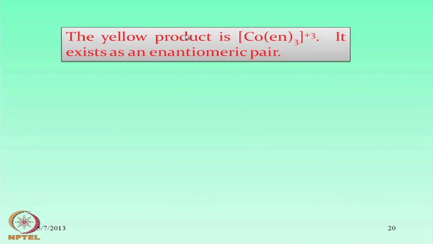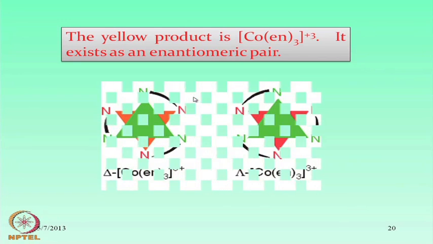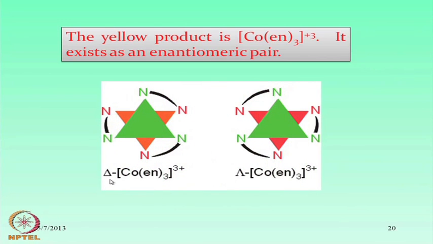So, the yellow product is definitely the corresponding [Co(en)3]3+. It exists as an enantiomeric pair, that means one form is optically active, the other form is also optically active, the clockwise arrangement and the counterclockwise arrangement.